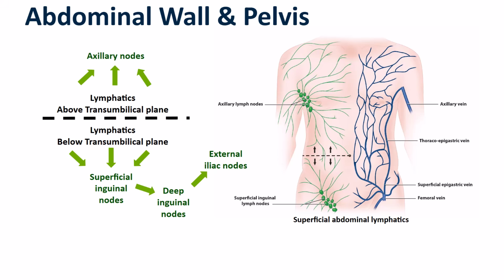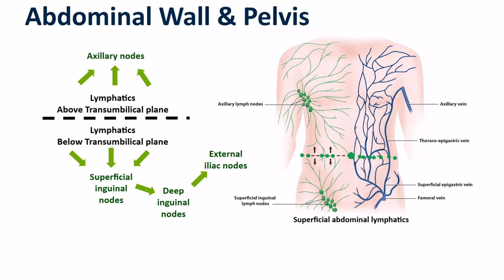Now let's go superficial. So if deep lymph follows arteries, superficial lymph follows veins. Let's start with the transumbilical plane. So the transumbilical plane is this imaginary line at the level of the umbilicus.